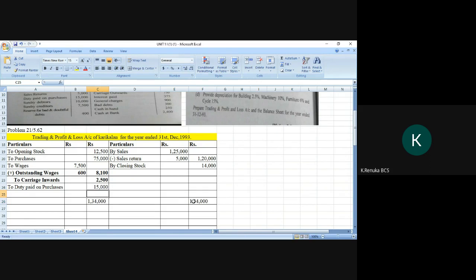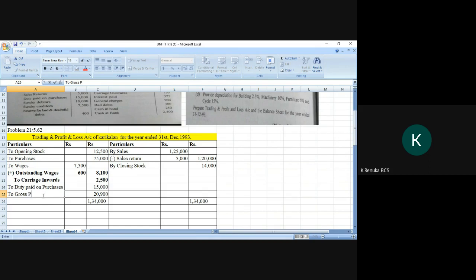On the debit side, if we add all those outer column items, we will get around a lakh and 10,000. If you reduce that value from this 1,35,000, you will get 20,900 as your balance. That 20,900 will be your gross profit.